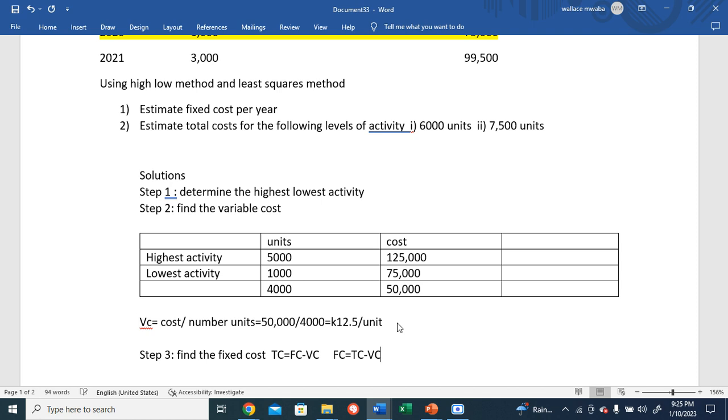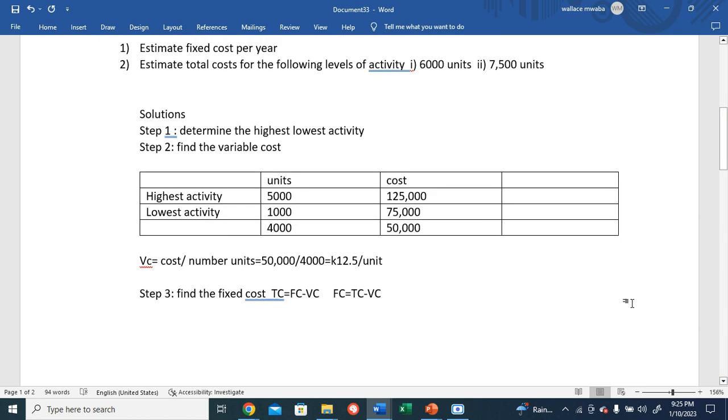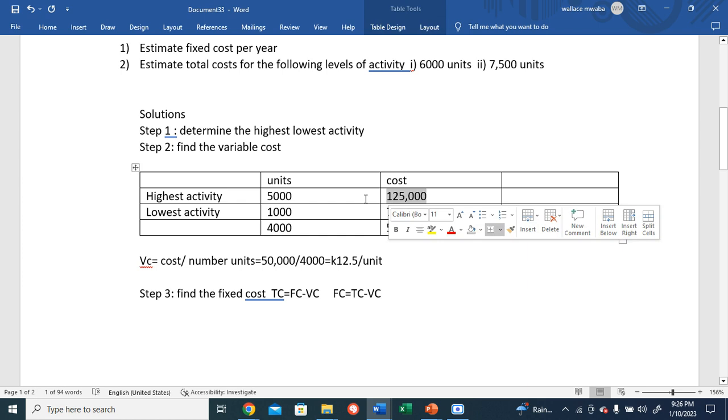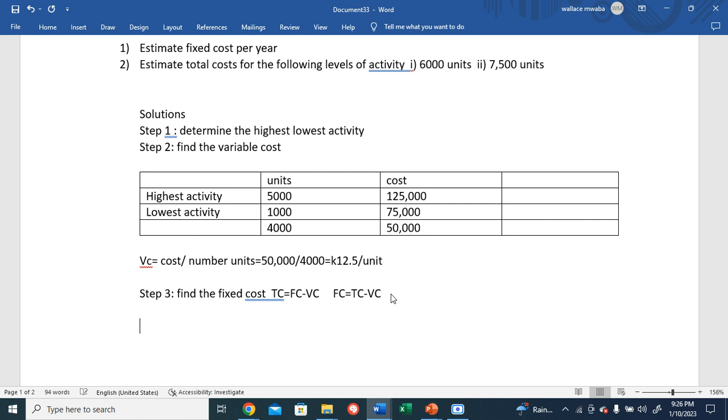To get our fixed costs, we rearrange this equation: fixed costs equals total costs minus variable costs. We can use either the high or the low. Let us use the high, meaning we use the total cost and the number of units for our highest activity.